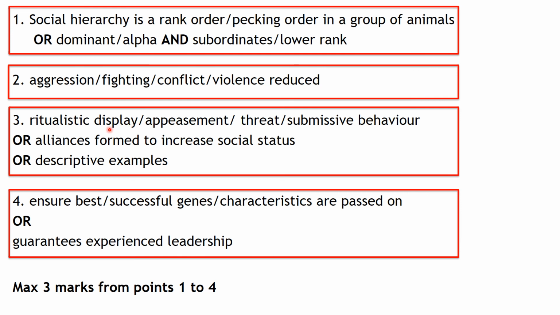And you might have ritualistic displays, appeasement displays. You could also say that alliances form to increase social status, and that the best genes get passed on to offspring, or you can have some benefit of it. It guarantees experienced leadership. So you can get a maximum of 3 from those 4.